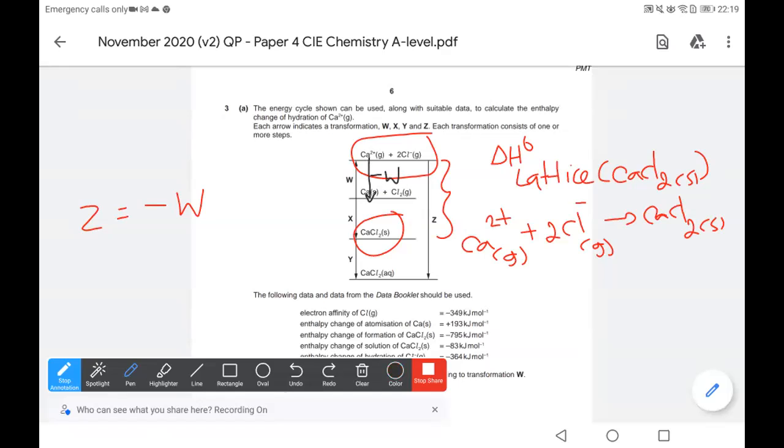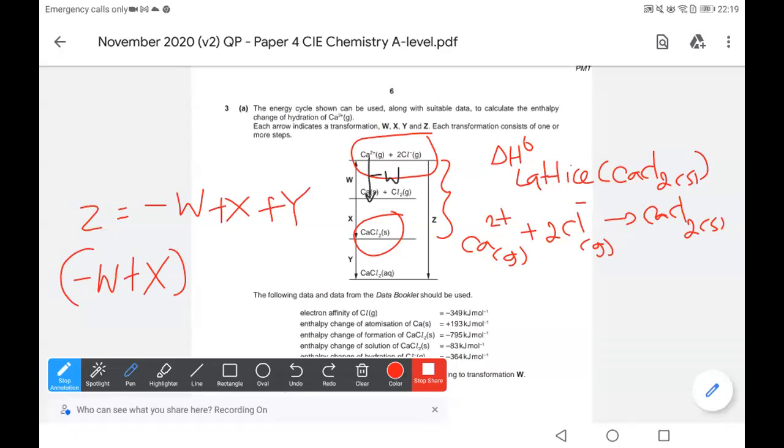So Z equals minus W, plus X, plus Y. And lattice energy should be minus W plus X. So minus W plus X is equal to lattice energy.